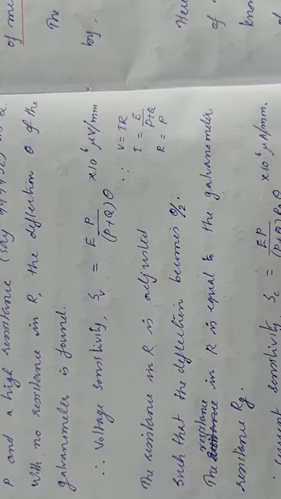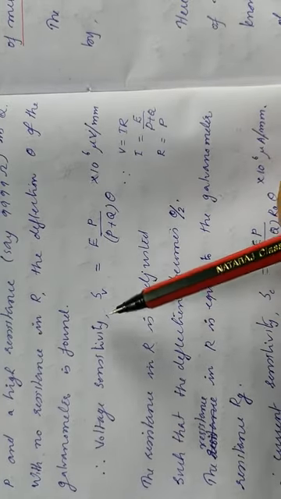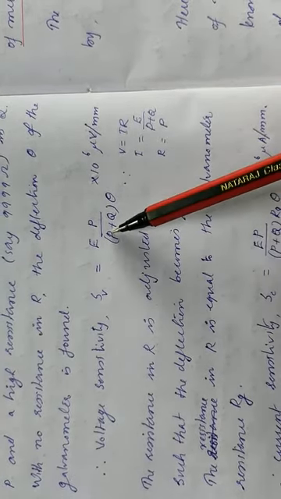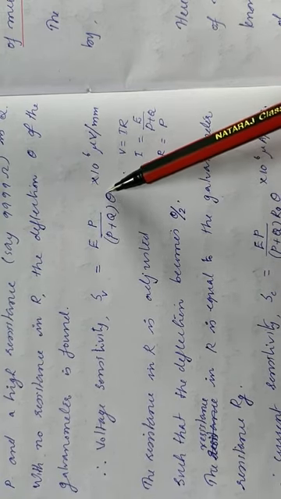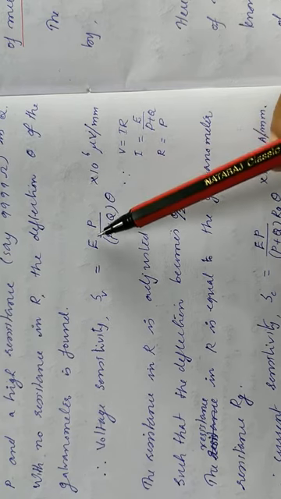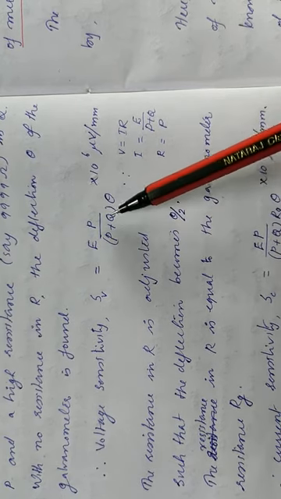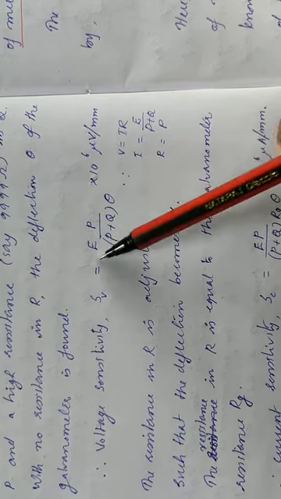Now the voltage sensitivity can be calculated using the formula E into P by P plus Q into theta, where theta is the deflection produced, as just explained before.